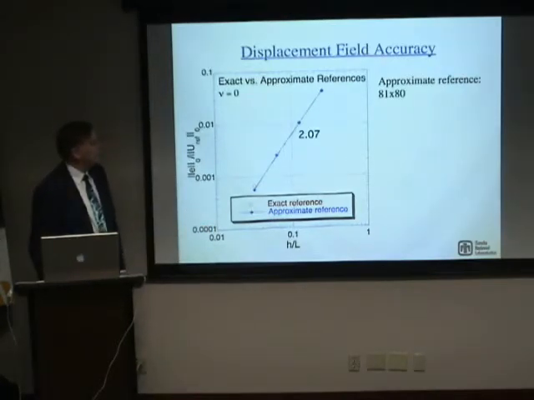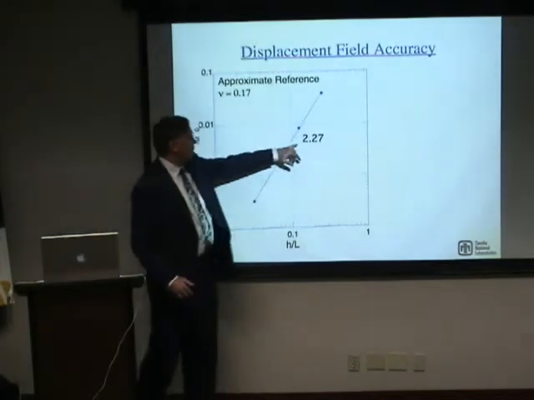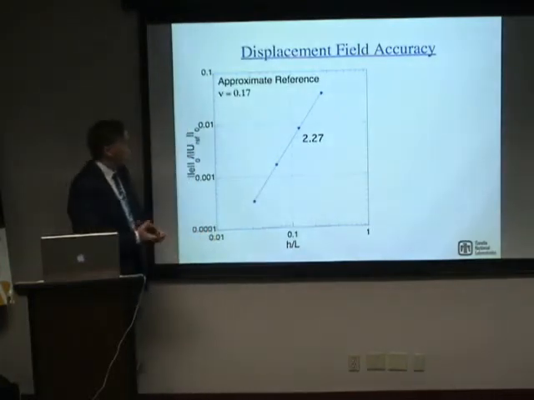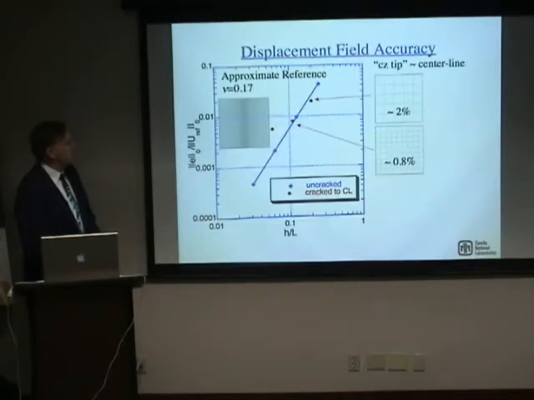We're not trying to do anything from the 0.07 except that we're going to be less accurate when we use an approximate reference solution. Now if you go to 0.17, our results give something even greater with a greater difference from 2.27, but still reflecting that we have quadratic convergence. So we wanted to look at that first, and then we move to the crack problem, which is more interesting.